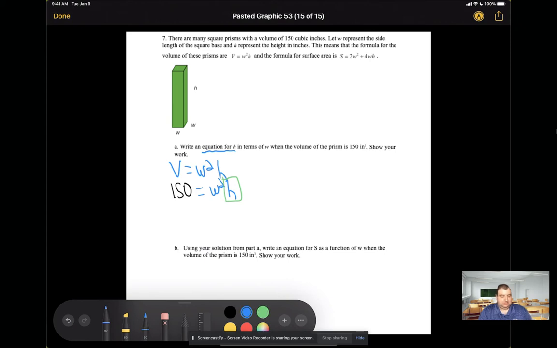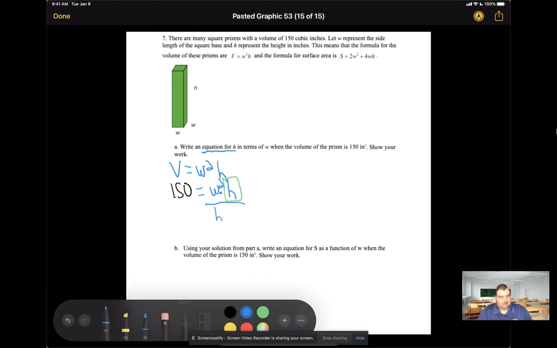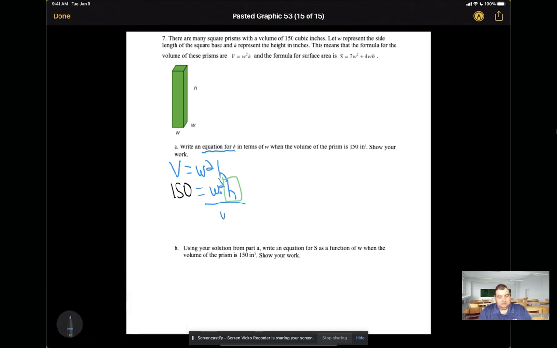How am I going to do that? Well, I have to get rid of anything that's with it. So this is W squared times H. How do I get rid of multiplication? I get rid of multiplication by dividing. So if I divide both sides by W squared, that will get H by itself.